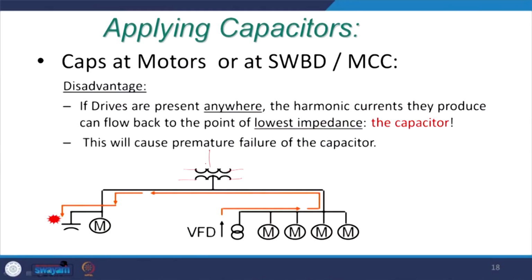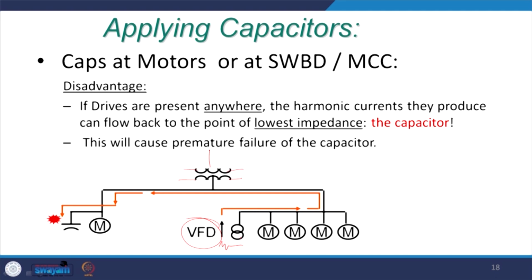For example, you see that this is the transformer, from there power is coming, and there is one entity, that is a variable frequency drive, and ultimately it is a harmonic source, and there are other machines.